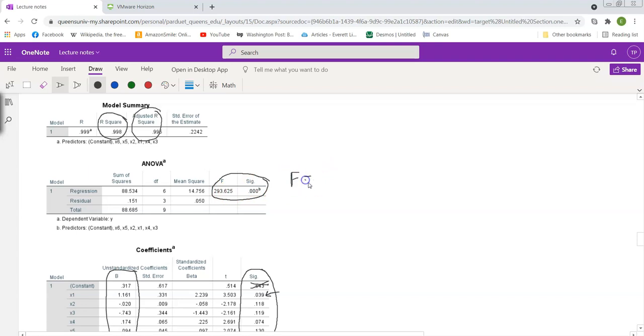So our F-test statistic is 293.625, and our p-value is less than 0.001. So this tells us that we can conclude that there should be at least one variable in the model.